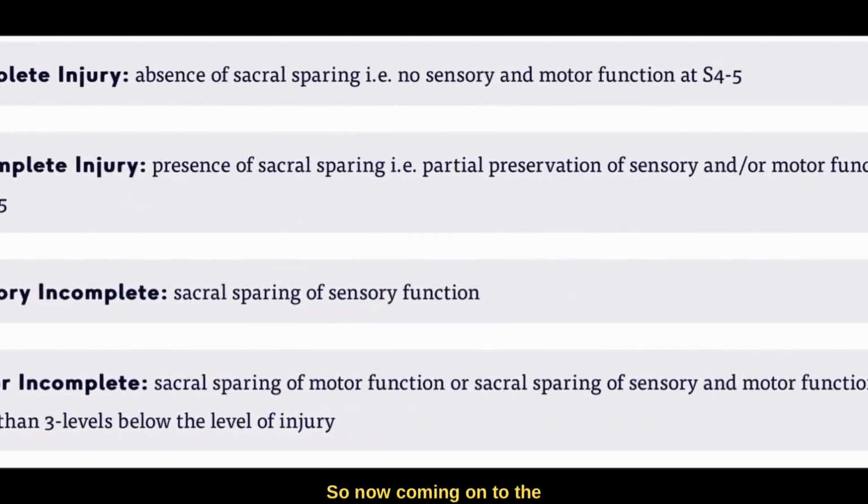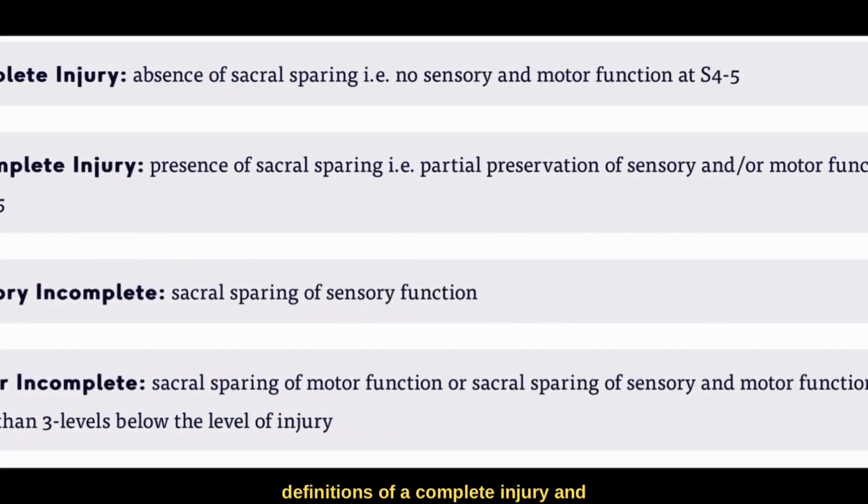So now coming on to the definitions of a complete injury and an incomplete injury. So complete injury is complete absence of sacral sparing. That is, there are no sensory or motor functions at the S4, S5 dermatome and myotome. Incomplete injury is when sacral sparing is present.